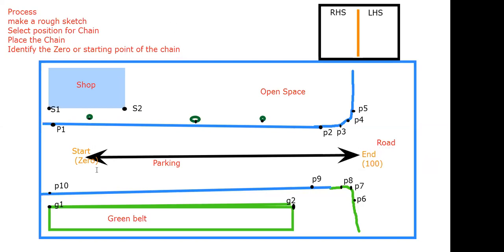Okay, now when you have the 0 and 100 identification, now you will stand at 0 and you will keep your face towards 100. Now your left hand will show the left hand side of your survey area, and your right hand will show the right hand side of your survey area.